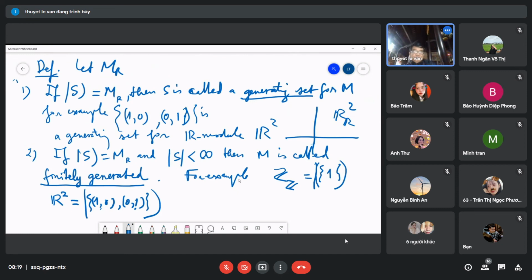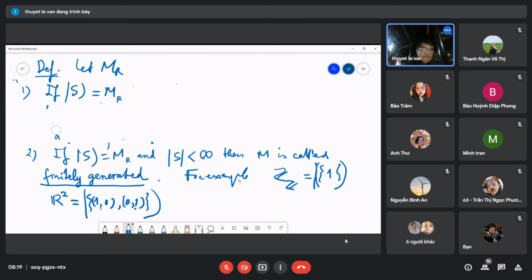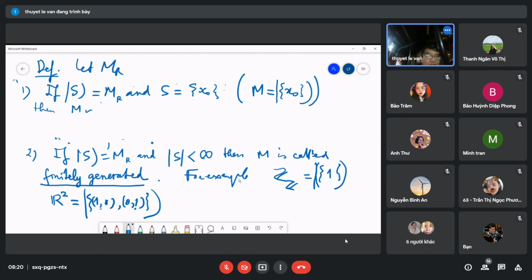And in the case where S is only one element, then we can write this to mean that M is equal to the span of x0, only one element here.